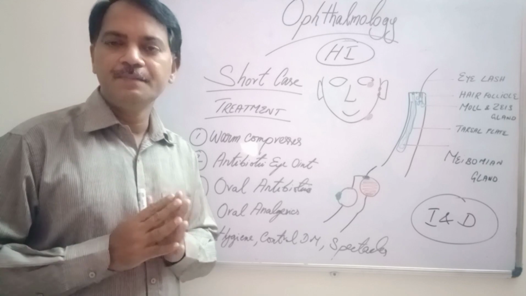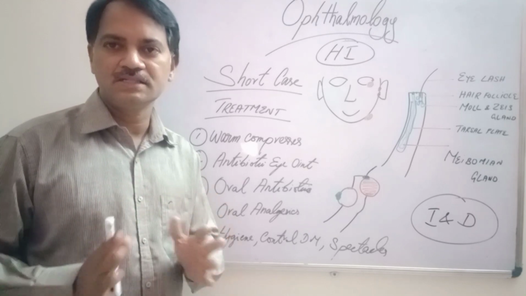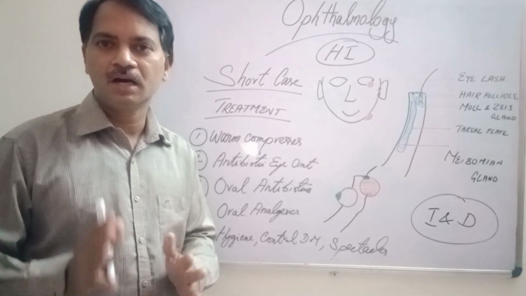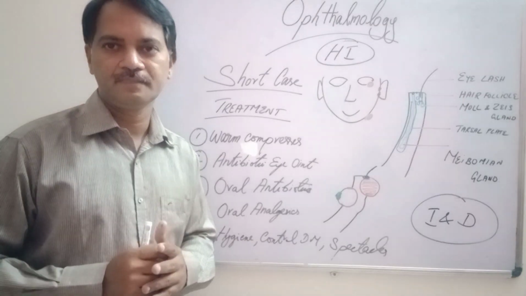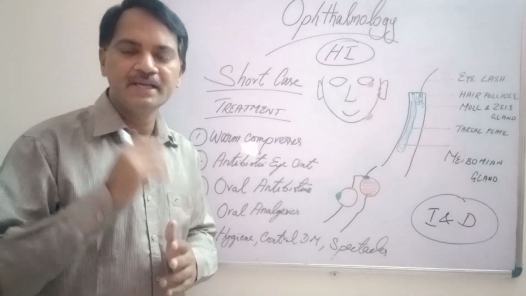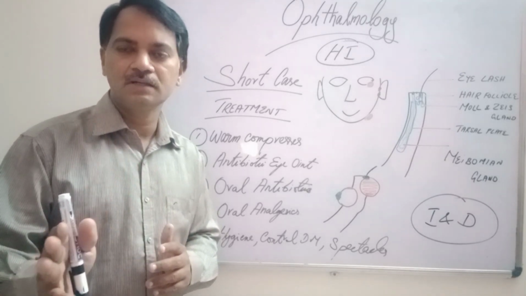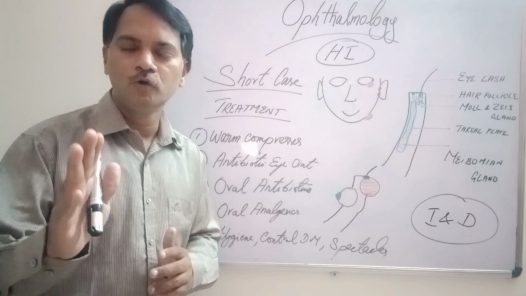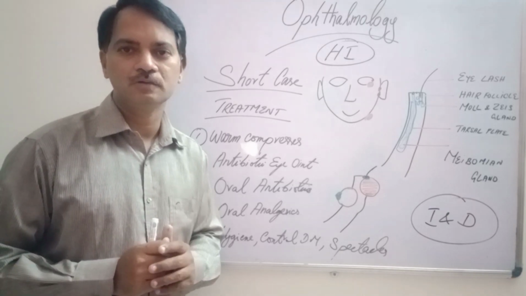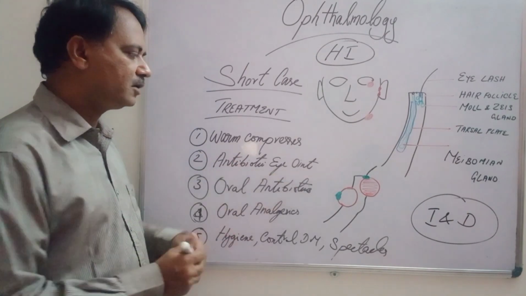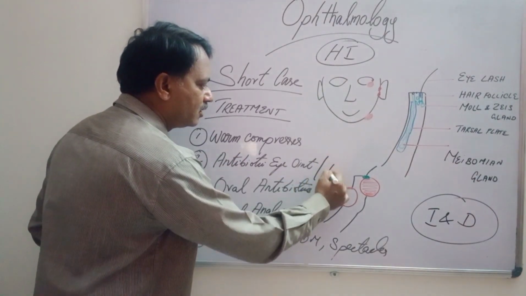As far as the treatment of hordeolum internum is concerned, it is not much different from hordeolum externum. The same medical management which we give for hordeolum externum is going to be good for hordeolum internum also. That is warm compresses, antibiotic eye ointment, or you can give drops.